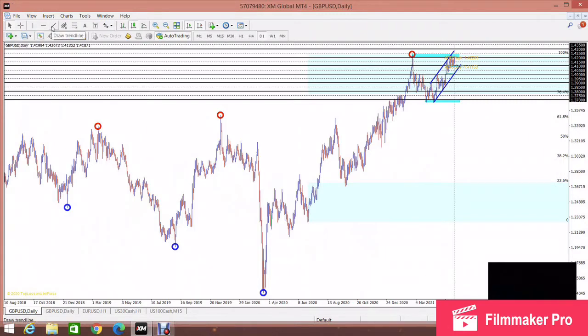So now let's go to drawing in the trend. Obviously the trend started here. We're looking for a trend that accommodates the movement that we have now. So let's say a trend like this: it has touch 1, touch 2, touch 3, touch 4, touch 5, touch 6, touch 7.